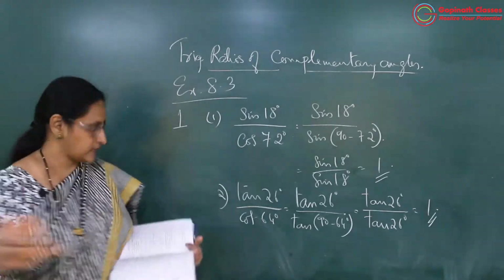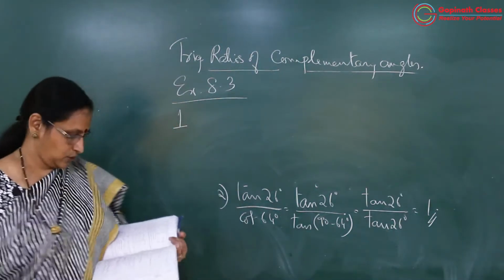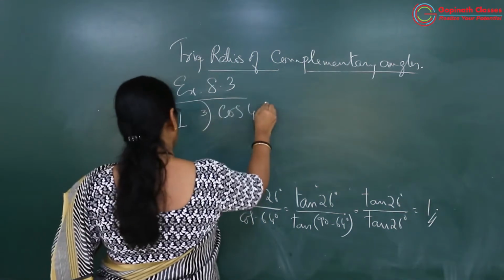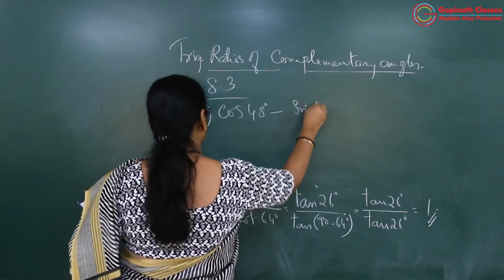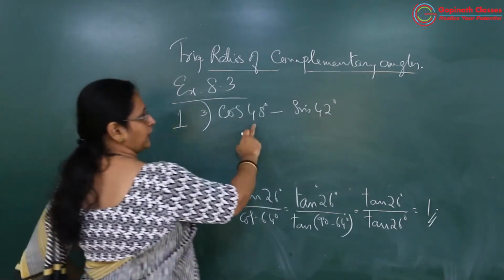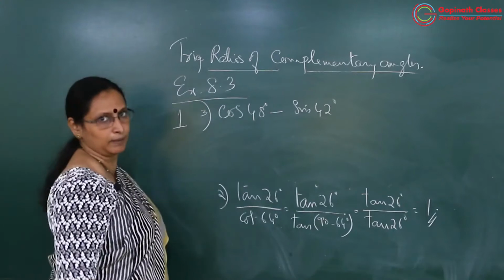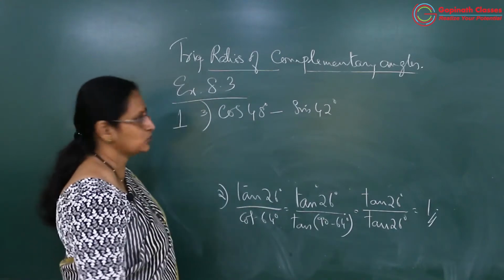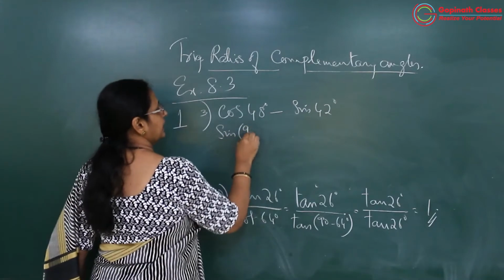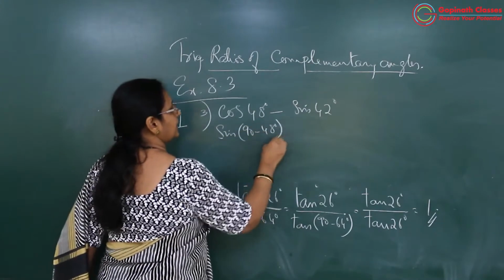Come to the third question. Third question is cos 48 degree minus sine 42 degree. You know very clearly 48 degree and 42 degree are complementary. So let's convert one into the other. So cos theta is sine 90 minus theta.